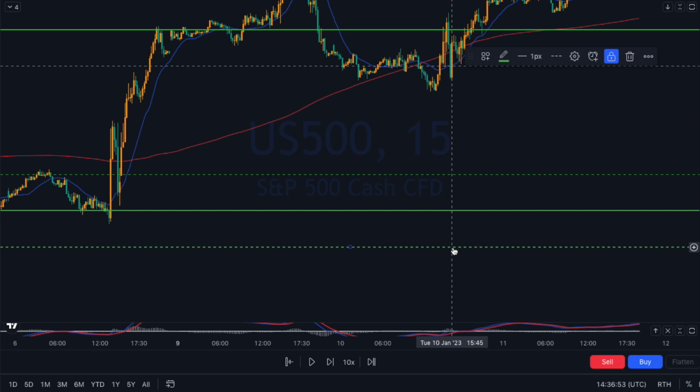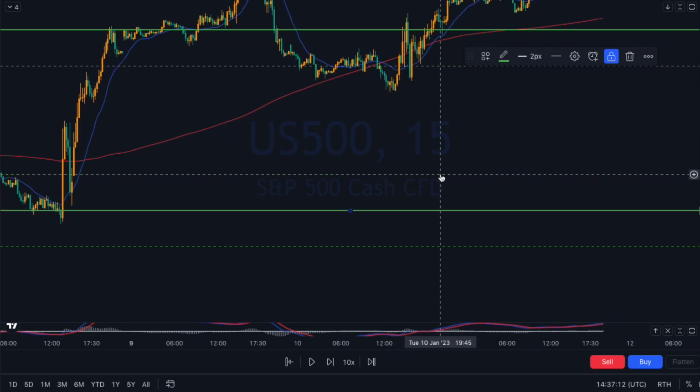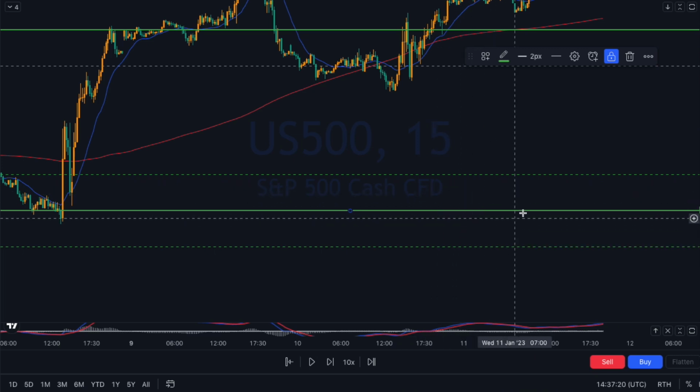Because the distance between here and here is 20 pips. The distance between here and here is 20 pips. So it's a good way of measuring risk. It's a good way for me to carry out risk management in my trades, okay? It's just automatically built in, and it makes things that much easier. Now, in saying that, it does not necessarily mean I will not take trades in the middle, right? Because I can still do that, but the preference is to have it in this zone right here, okay?